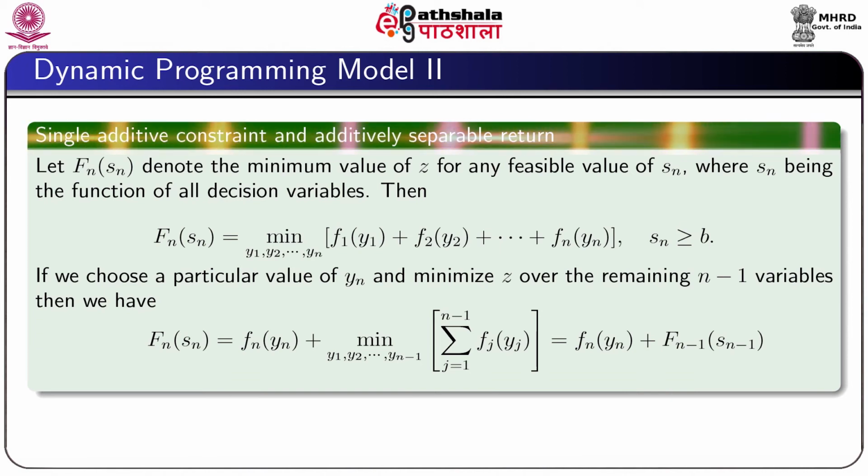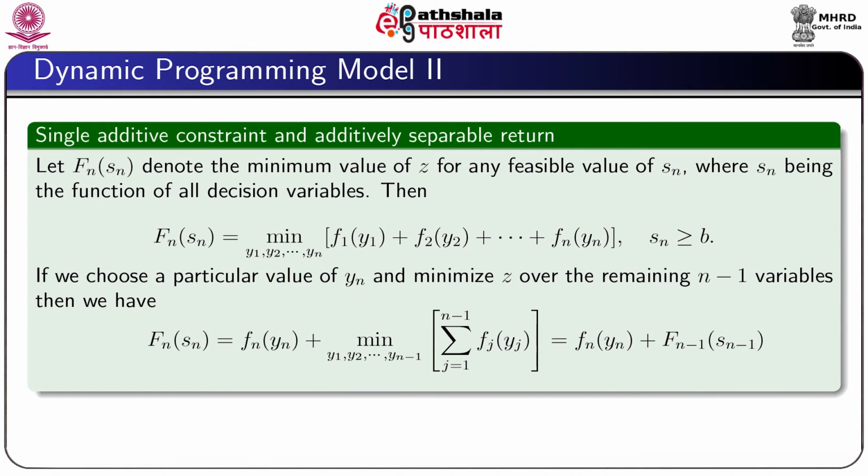Let Fn(sn) denote the minimum value of z for any feasible value of sn, where sn is a function of all decision variables. Therefore, we can write capital Fn(sn) equal to minimum of f1(y1) plus f2(y2) plus dot dot dot plus fn(yn), where the minimum is taken over y1, y2 up to yn.